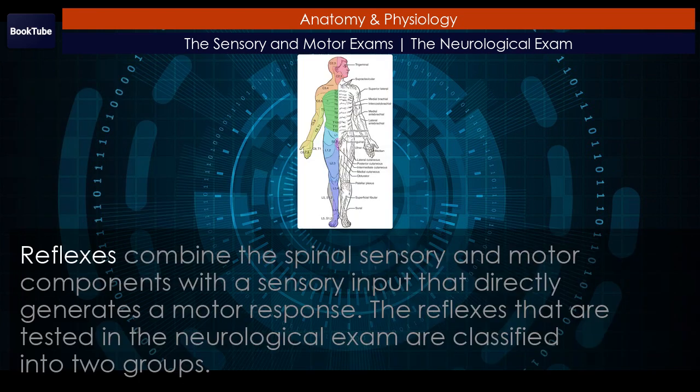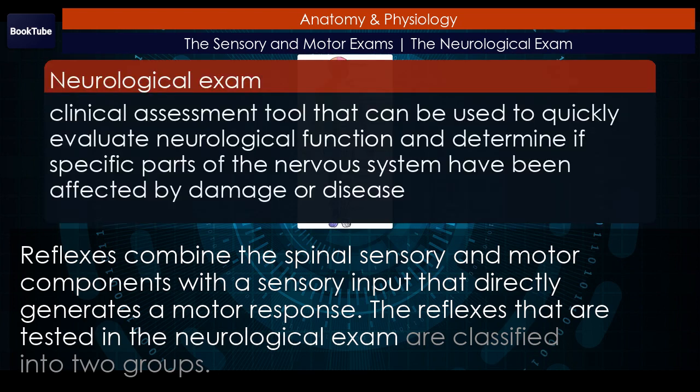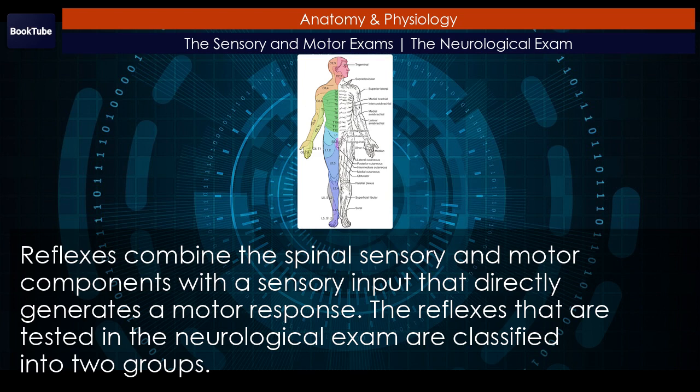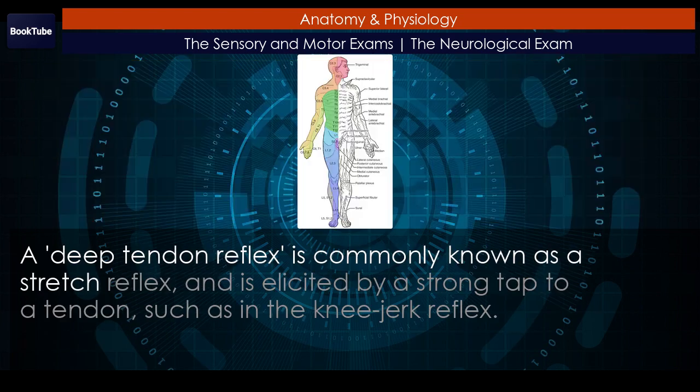Reflexes. Reflexes combine the spinal sensory and motor components with a sensory input that directly generates a motor response. The reflexes that are tested in the neurological exam are classified into two groups. A deep tendon reflex is commonly known as a stretch reflex, and is elicited by a strong tap to a tendon, such as in the knee-jerk reflex.